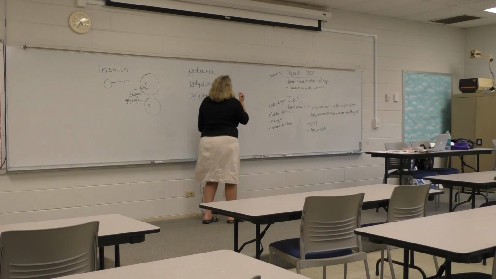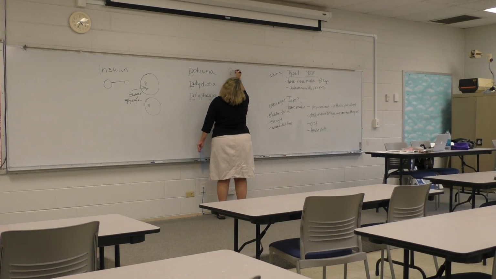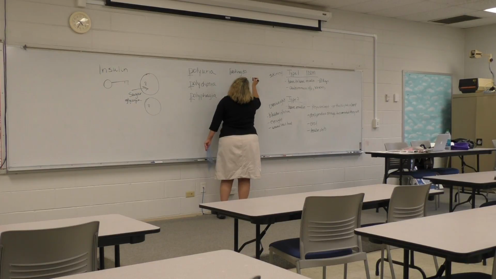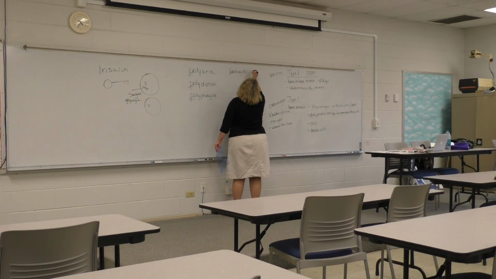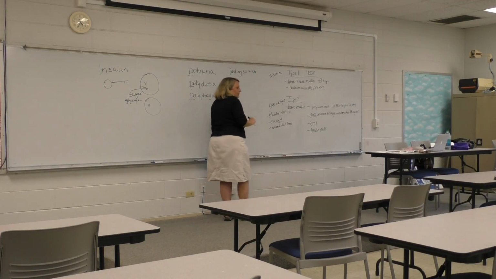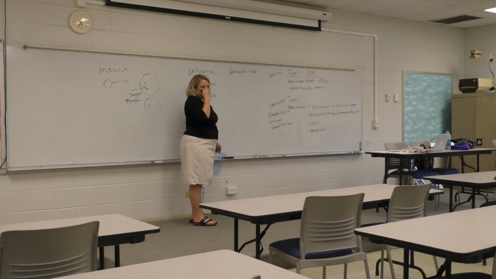So then they do a fasting blood sugar, and now they say it has to be less than 106 for fasting. Although they're actually thinking about going away from doing those fasting tests because that just shows one picture at one day and it doesn't necessarily tell the whole story.